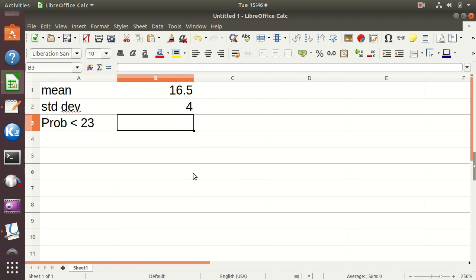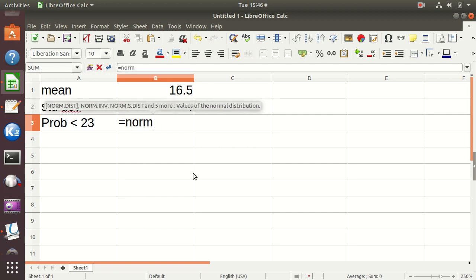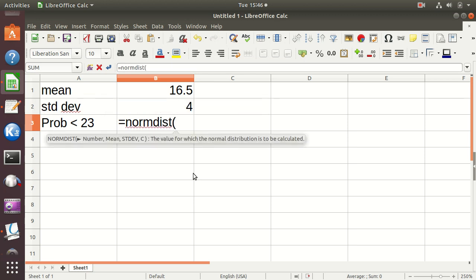And I just tell a formula. I say, well, I want a normal, so it's NORM.DIST, and I need my number, my number is 23. The mean is the 16.5. And then my standard deviation.